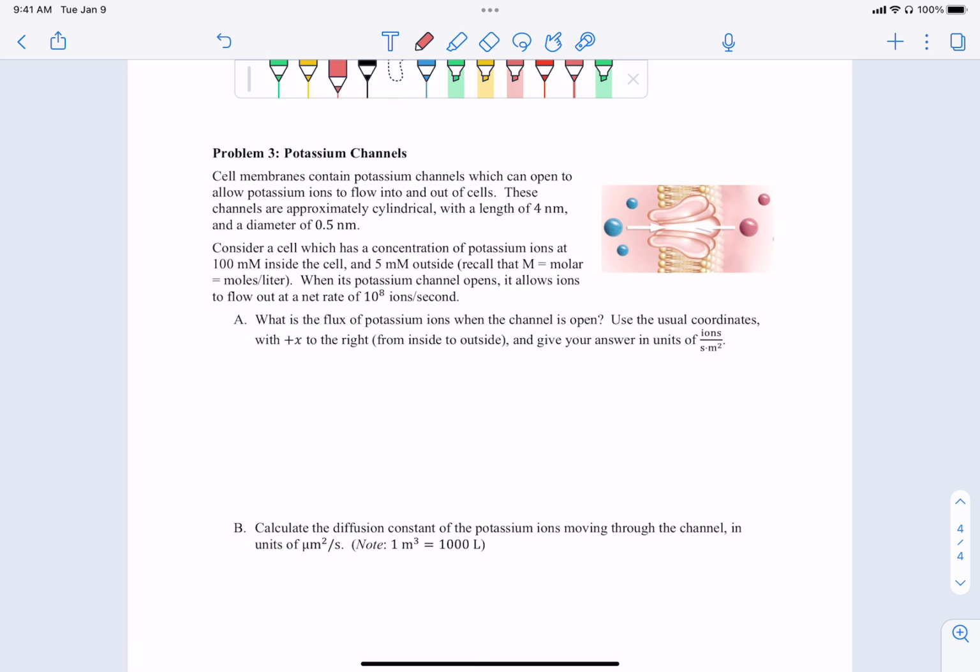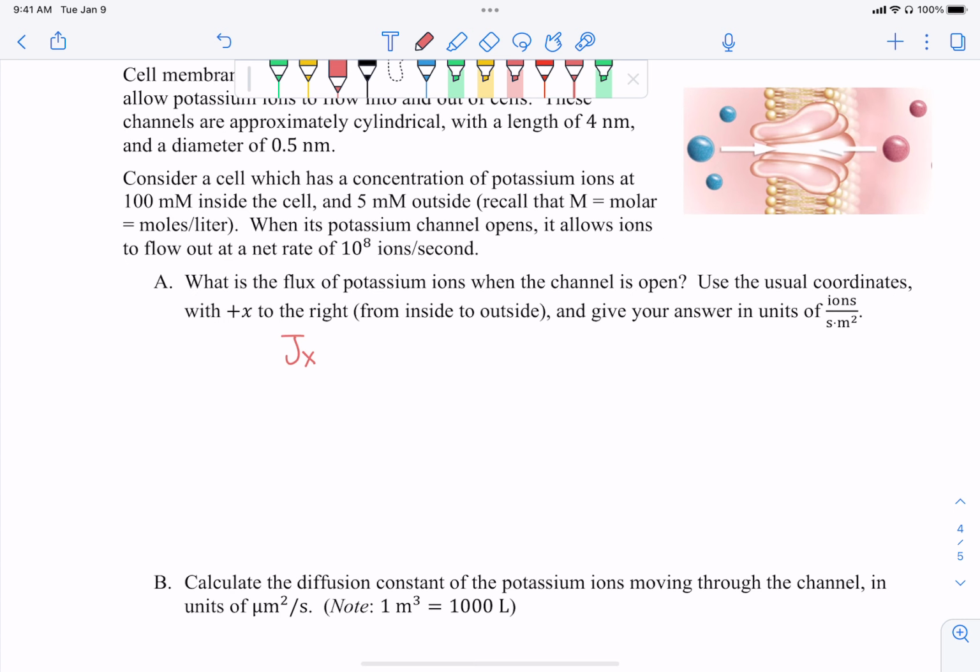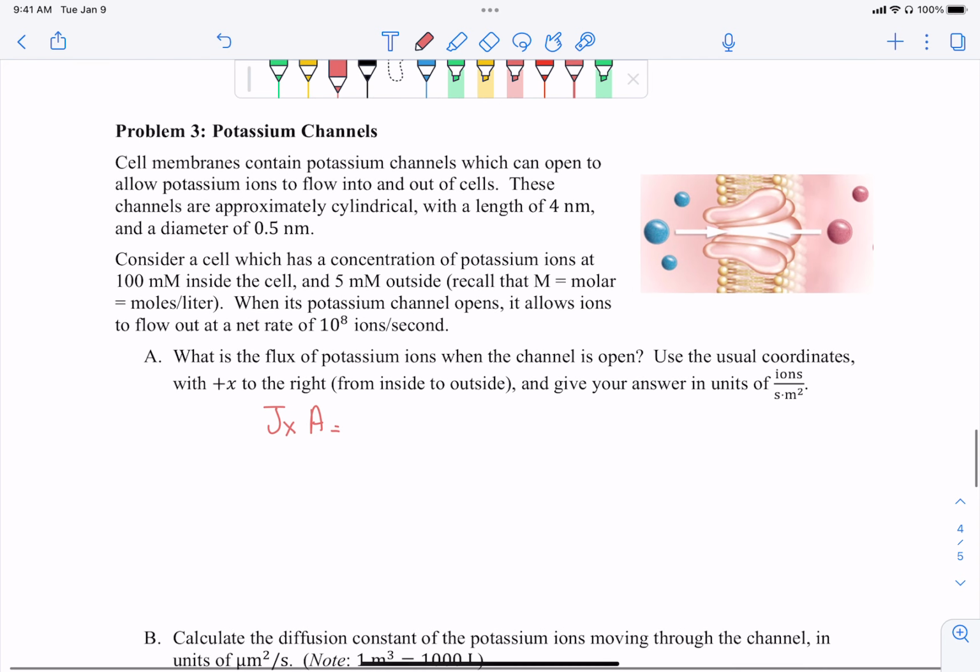Okay, so they're asking for flux, right? Well, I know that flux times my area is equal to what?